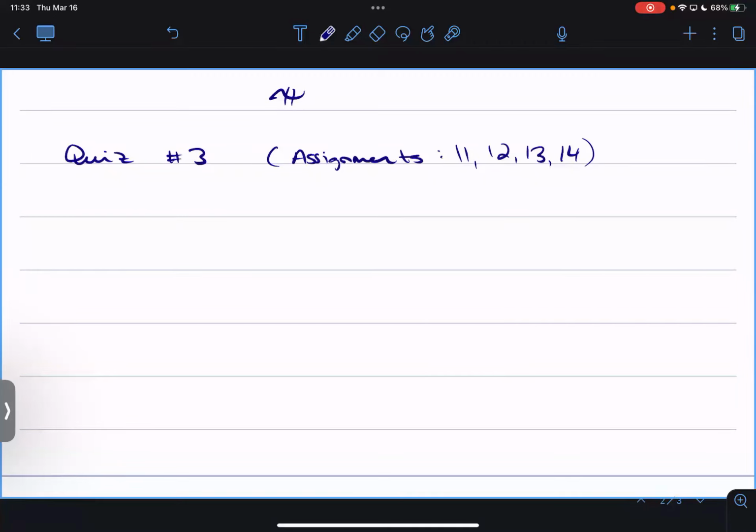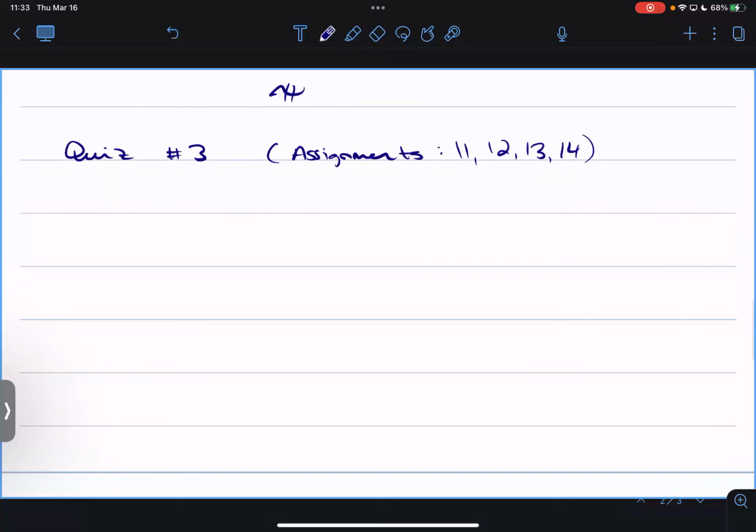I also posted that practice for quiz 3. It's kind of a big one, but it's practice for the quiz. I realized I forgot to put type 1 and type 2 errors on there. Oh well. Test it on the final.